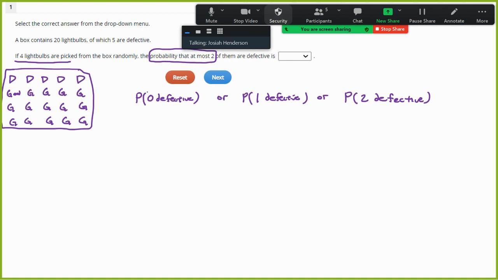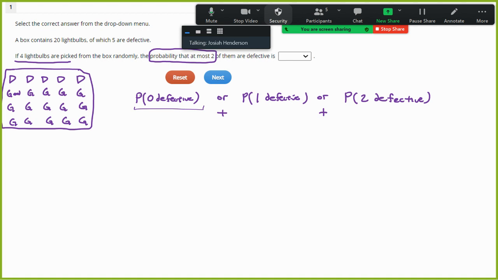Now, from our second day in probability, we learned about the OR questions. So this means we're going to be adding up those separate probabilities. We need to figure out the probability of picking 4 light bulbs out of the 20 and having 0 of them be defective. That's the first case. Picking 4 light bulbs and having 1 defective, second case, and then picking 4 light bulbs having 2 defective, that's the third case. And then we're going to add those 3 together to get our final answer.